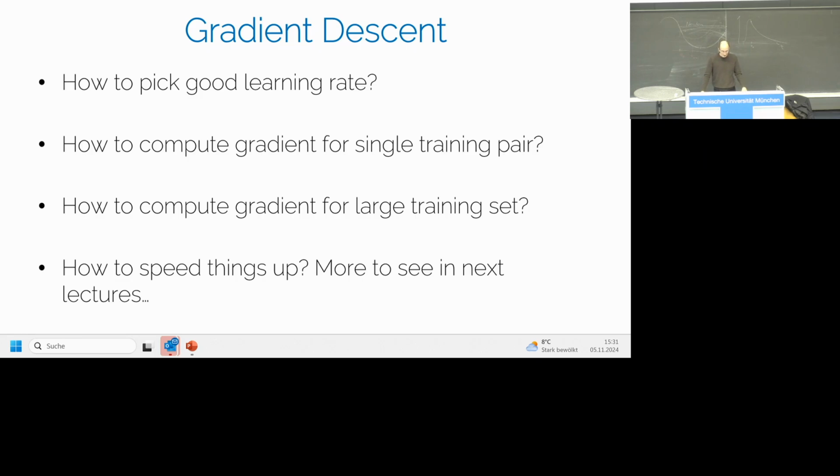But the question is, how do we do that for a large training set where we have potentially hundreds of thousands of images? And in principle, that is fairly straightforward.